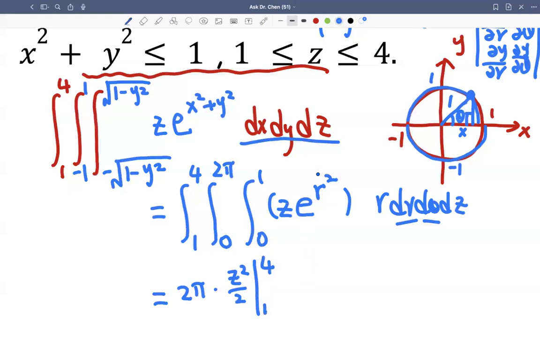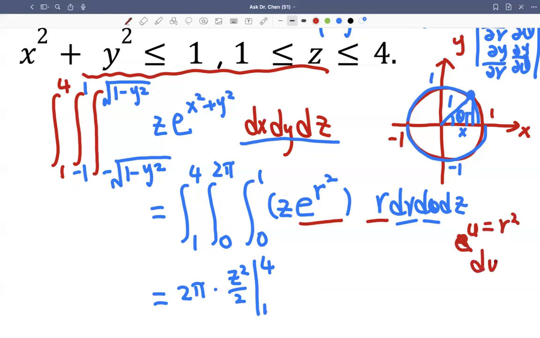Then r direction, we have this e raised to r squared, then we have this r. Then we have e to the u, so use u substitution. Let u be r squared.